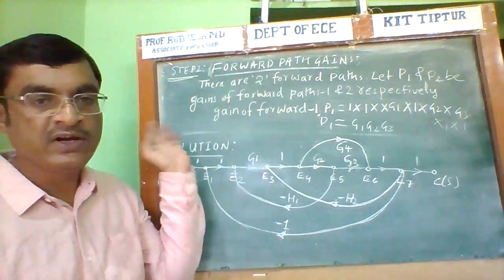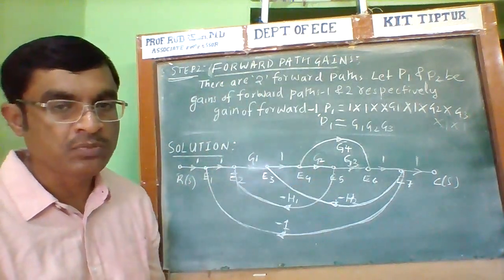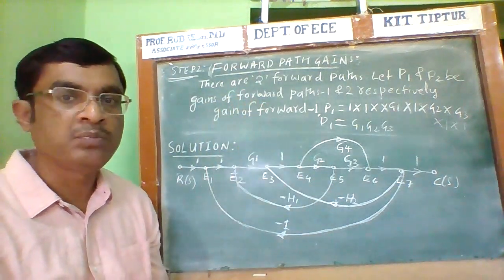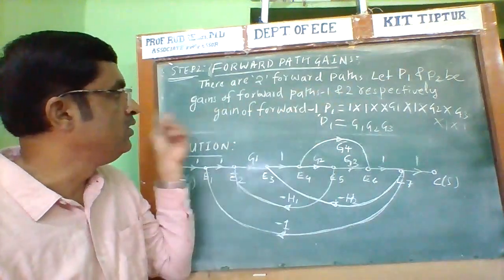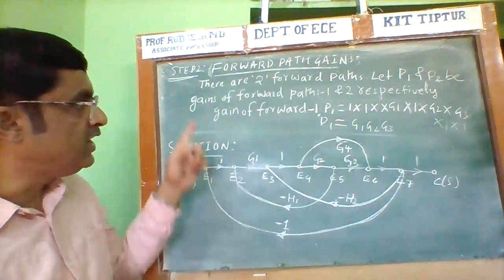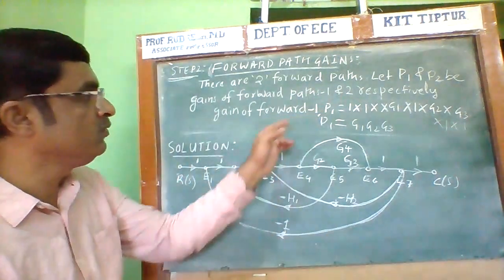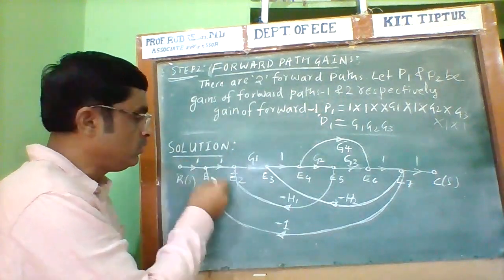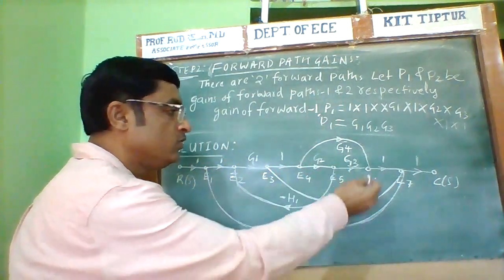Therefore, in the second step, identify the number of forward paths. There are two forward paths. Let P1 and P2 be the gains of forward paths 1 and 2 respectively. The gain of forward path 1 starts from R, goes to E1, E2, E3, E4, E5, and then to E6.